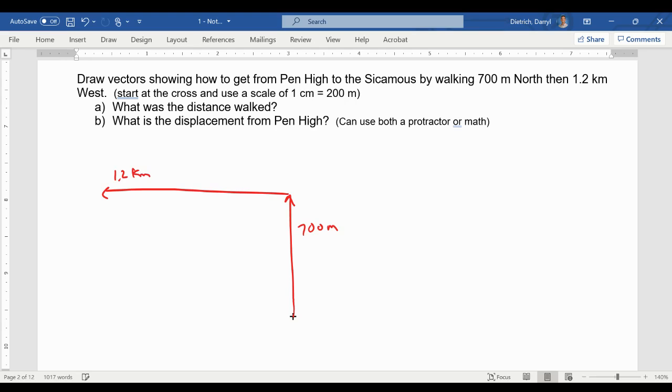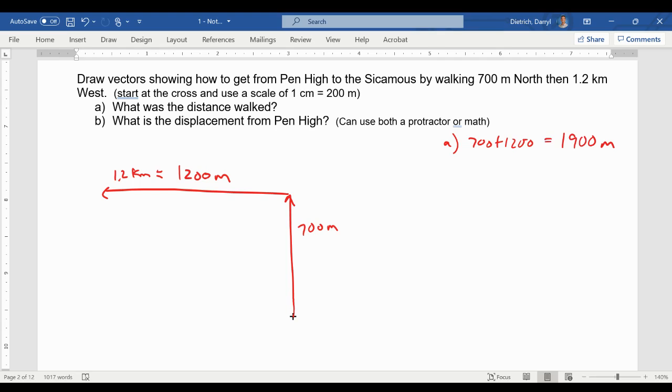Now, if I'm going to put vectors on the same vector diagram, they have to be in the same units. So I'll change 1.2 kilometers to 1200 meters. My part A is, what is the total distance walked? So part A is just going to be 700 plus 1200, or this person has walked 1900 meters.